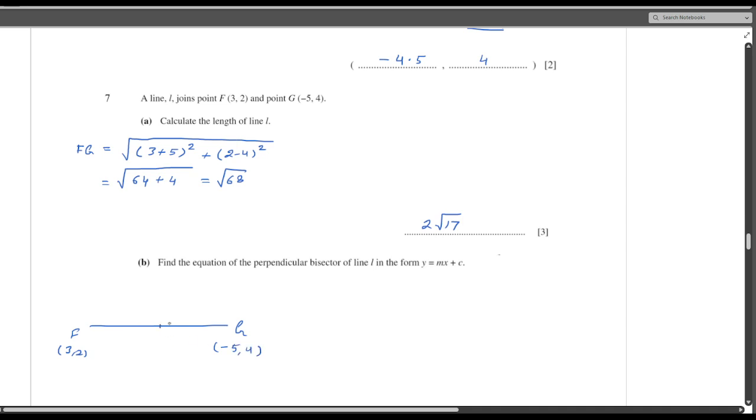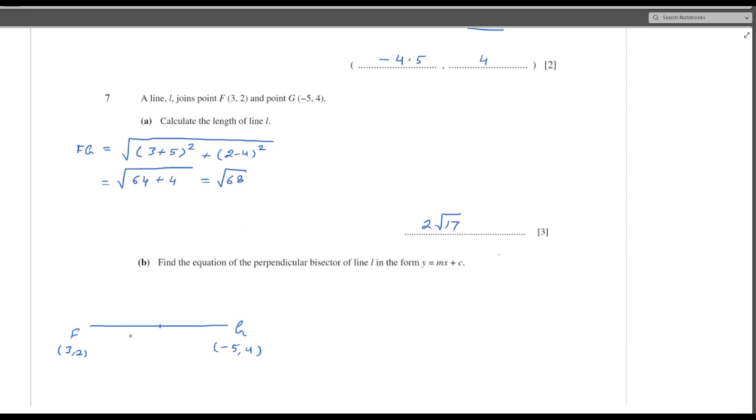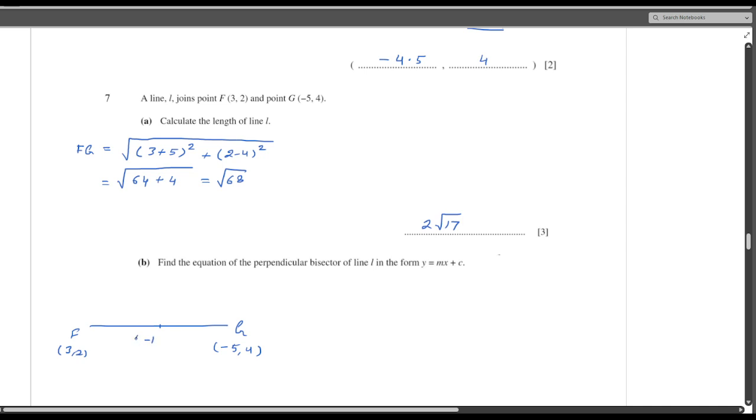The midpoint you will figure out: 3 minus 5 is minus 2, divided by 2 is minus 1, and 2 plus 4 is 6, divided by 2 is 3. So your midpoint M, you will find out, is minus 1, 3.